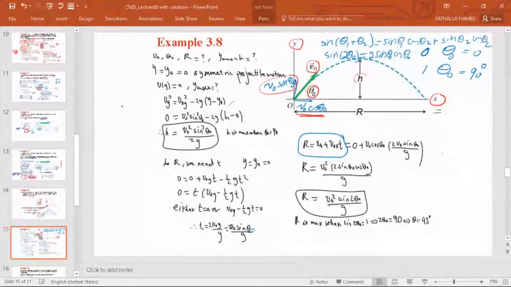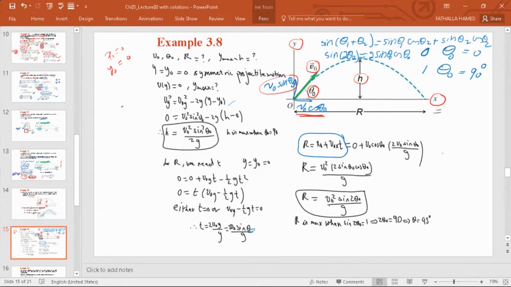H is the maximum height, which we can say is the maximum y, and r here is the maximum range. Now, you can choose your x0 equal to 0, your y0 equal to 0. So let's look at the y component first.